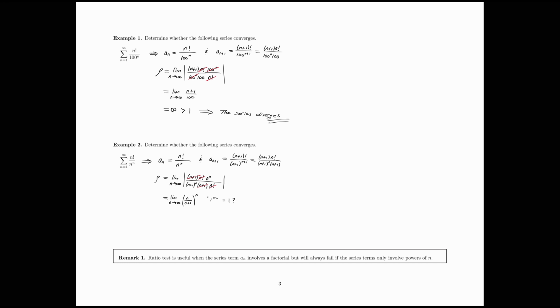So to do this problem rigorously, what you would have to do is first define a function x over x plus 1 to the x, and notice that this x is a continuous variable.